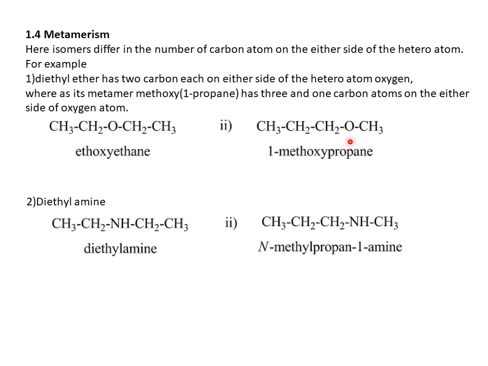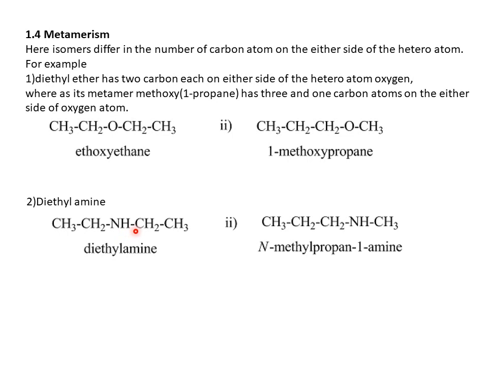Whereas in 1-methoxypropane, there are 3 carbon atoms on one side of oxygen and 1 carbon atom on the other side of oxygen. These two compounds are isomers. Here isomers have different numbers of carbon atoms on either side of the heteroatom oxygen.